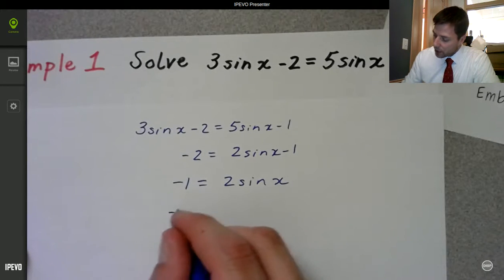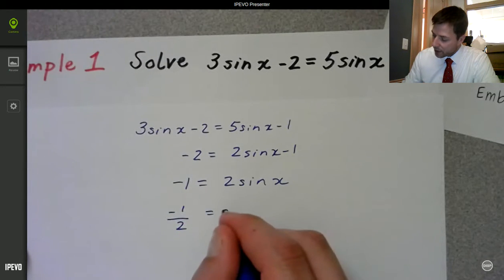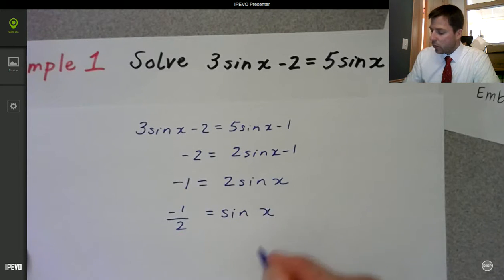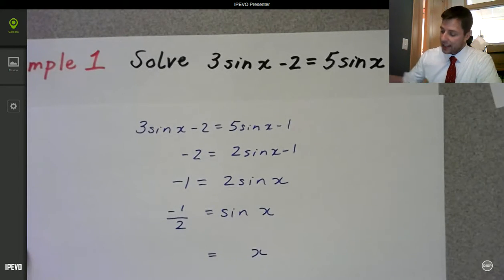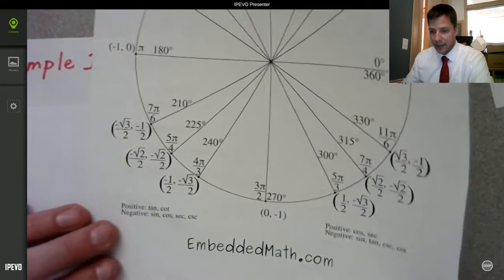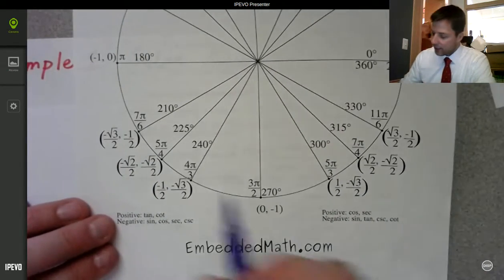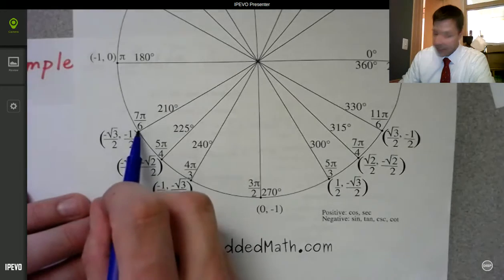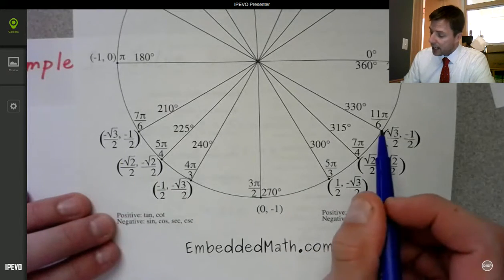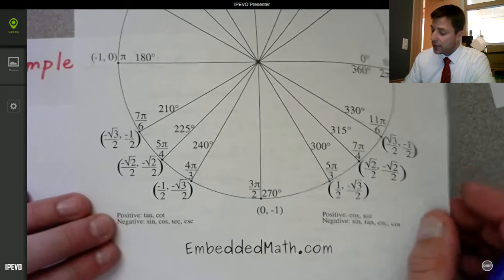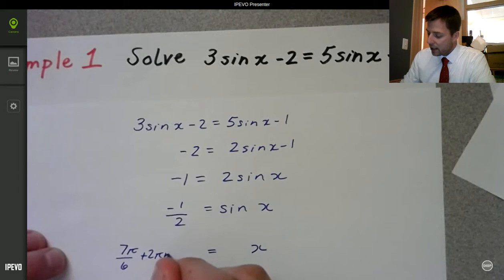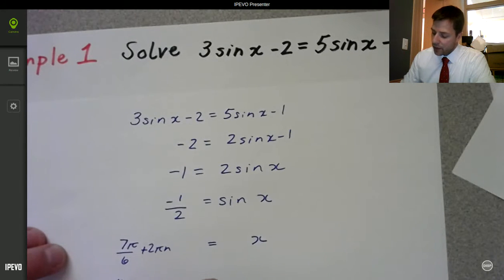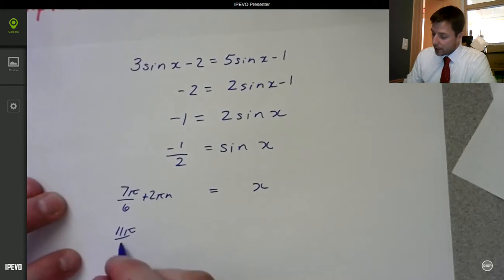Divide both sides by 2, I get negative 1/2 equals sine of x. Now, what angles give me a sine of negative 1/2? Sine's negative here, the y-coordinate's negative. So we're down here at 7 pi over 6 and at 11 pi over 6.